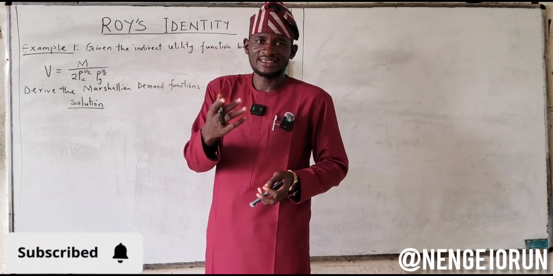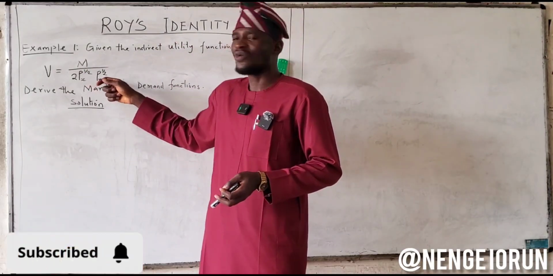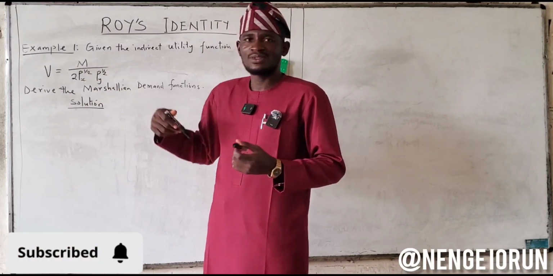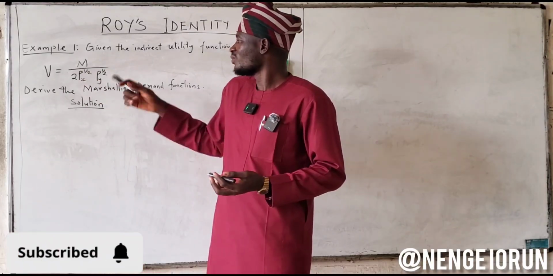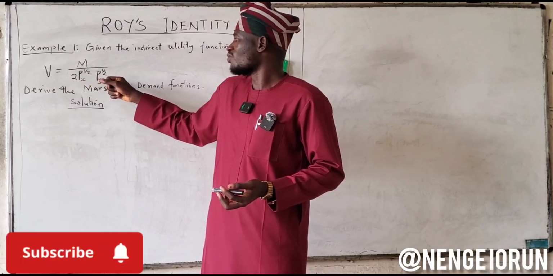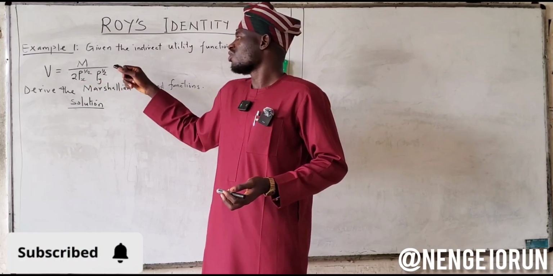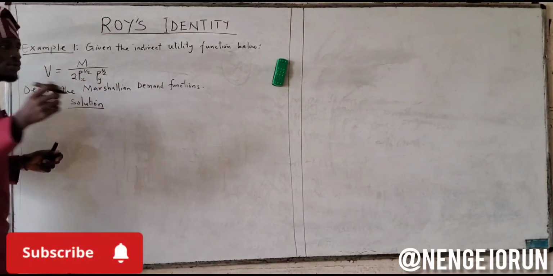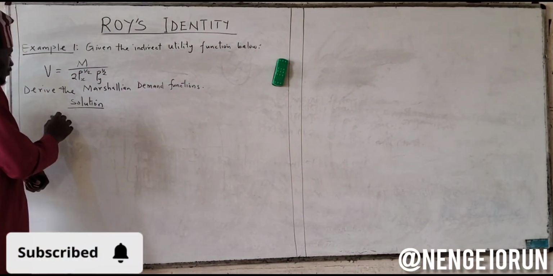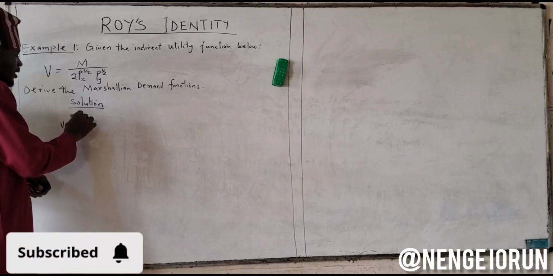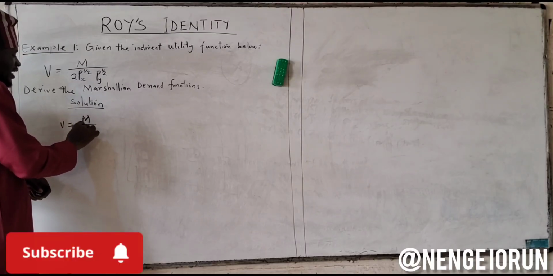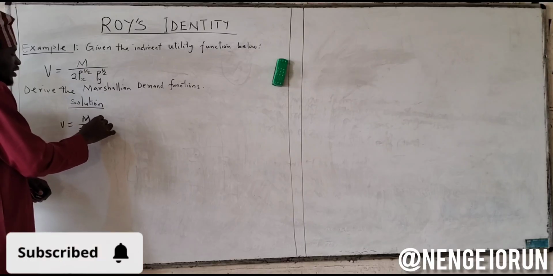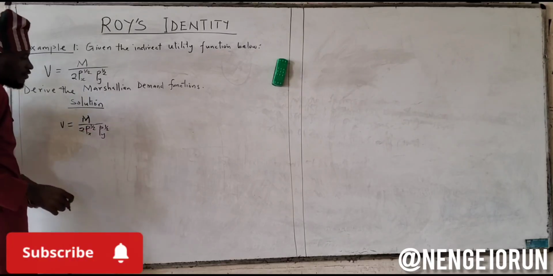But before we do that, X and Y are in the denominator. So we must do some manipulations in such a way that Px and Py will be back in the numerator. Now, we have V equals M over 2 Px raised to the power of half, Py raised to the power of half.